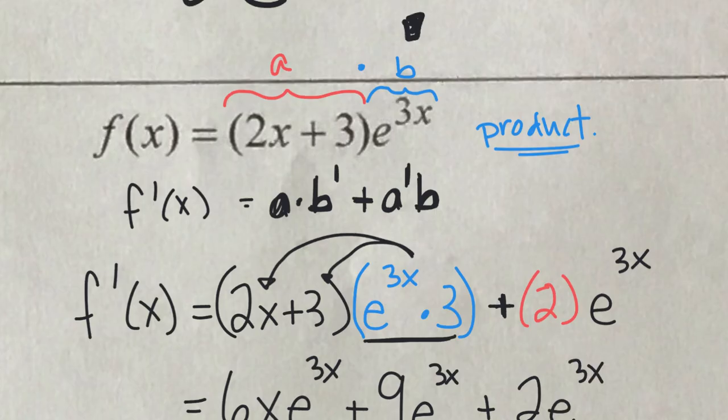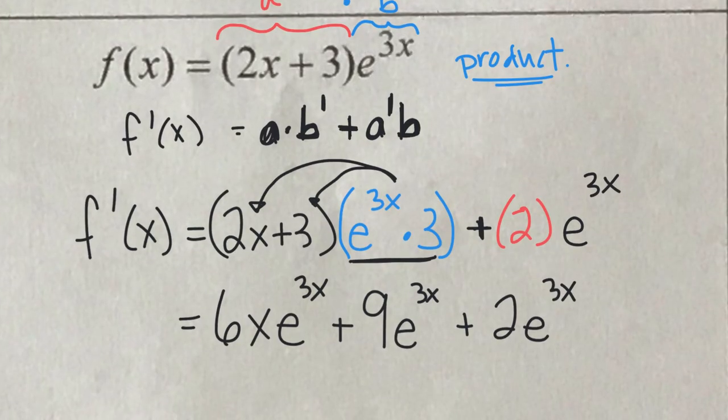Okay, so I'm doing some exponential simplification. So this was 3, right? So 3 times 2 is 6, and then I have my x, and then I have my e to the 3x. 3 times 3 is 9, e to the 3x. So what can I combine? The 9e to the 3x and the 2e to the 3x. How many is that? That's 11e to the 3x's.